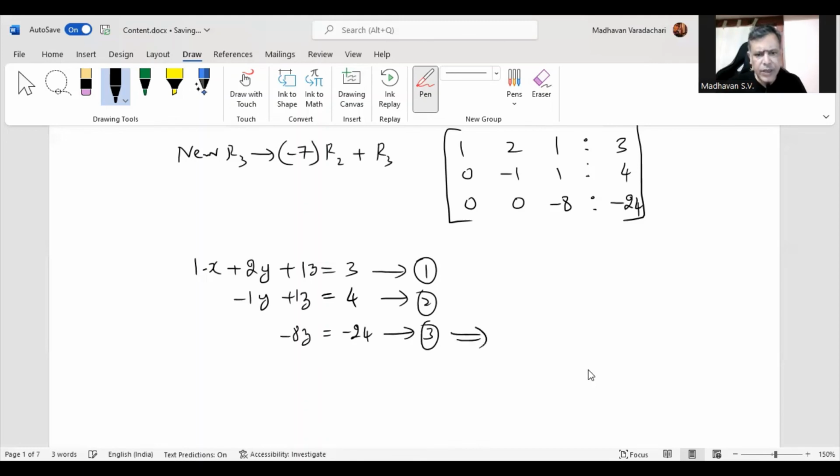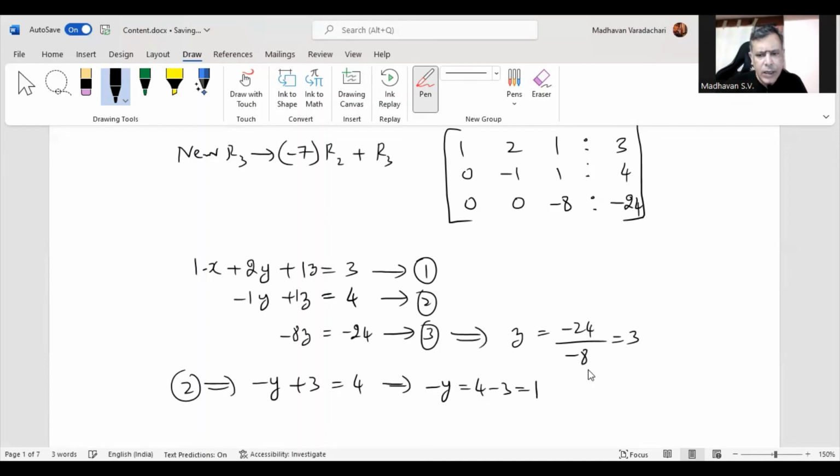So from the third equation, we can say z is minus 24 by minus 8, which we will get 3. So since we got the z value, we can now go back to the second equation. It says minus y plus 3 equal to 4, which means minus y is 4 minus 3, which is 1, which means y is minus 1. So we got the y value, we got the z value.